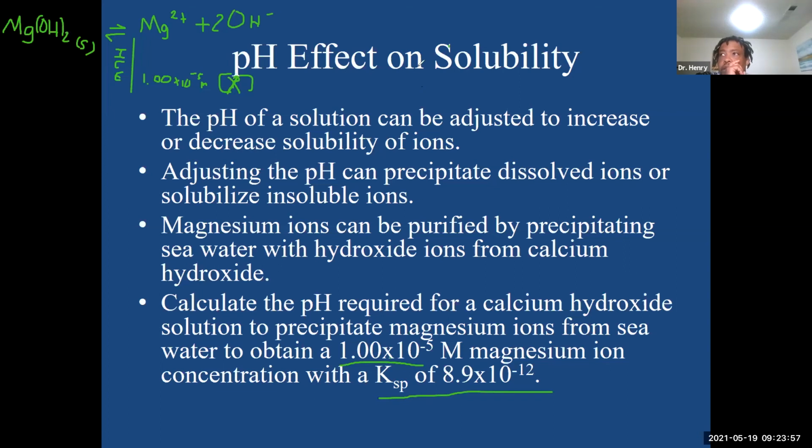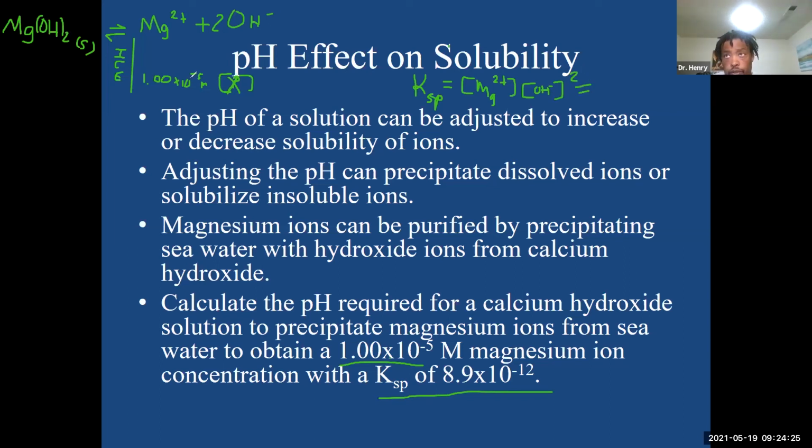Your Ksp is going to equal the concentration of your magnesium ion times the concentration of your hydroxide ion squared.